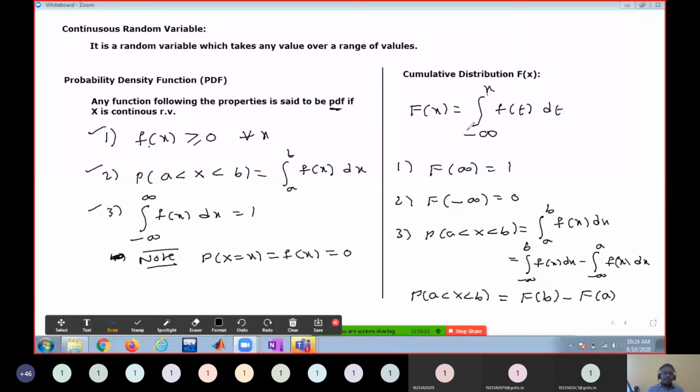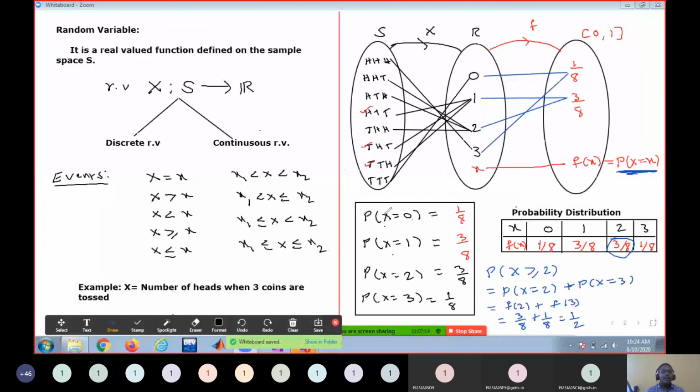So that is what we had about continuous random variables, the probability density function and the corresponding cumulative distribution function. In today's class we understood what a random variable is, and then we understood probability distributions.